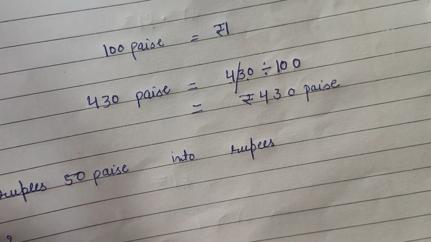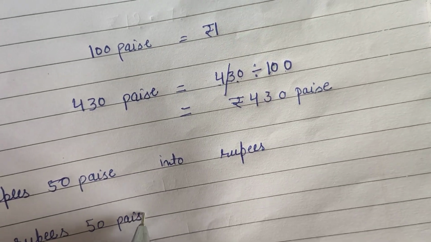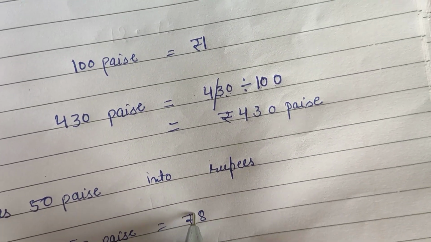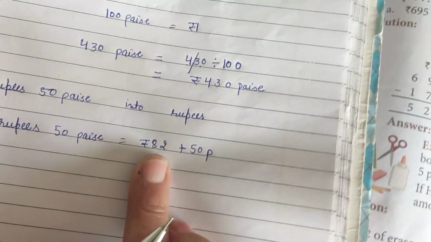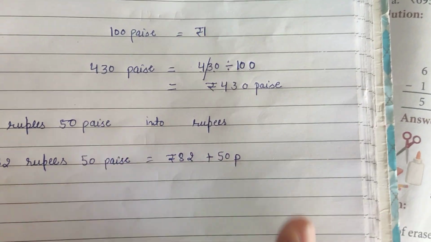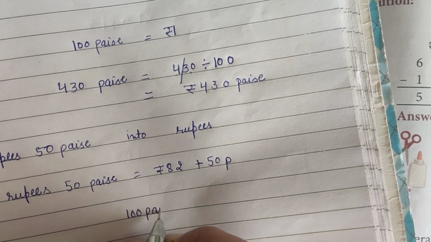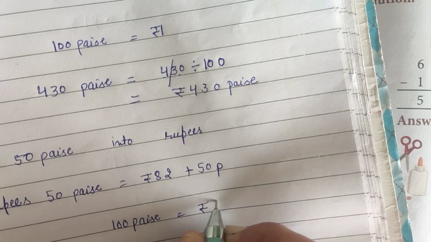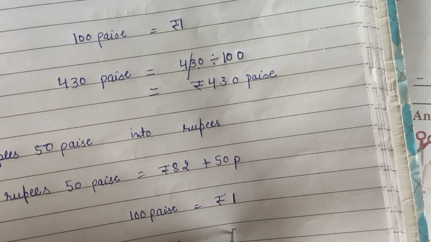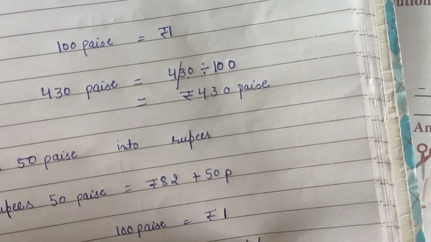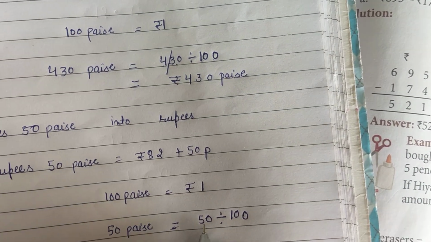So we will write rupees 82 and 50 paise is equal to rupees 82 plus 50 paise. Now 82 is already in rupees and I have to convert 50 paise into rupees. As we know, there are 100 paise in 1 rupee. So 50 paise is equal to 50 divided by 100. Smaller to bigger conversion, so we will divide. 50 divided by 100.